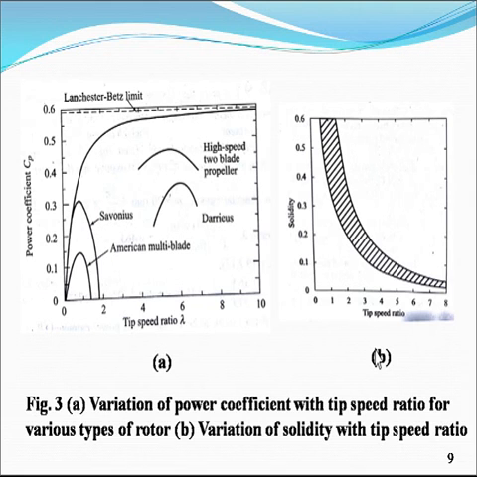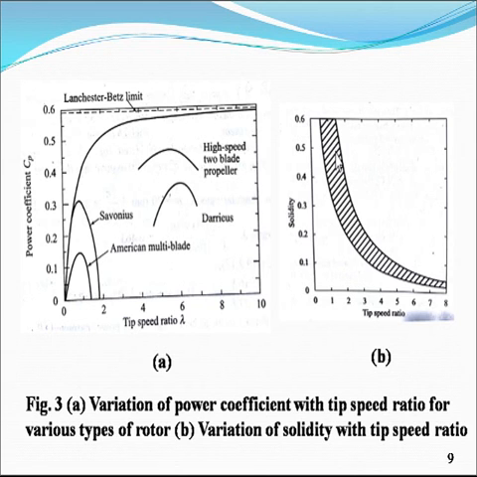Now figure B shows the solidity variation with tip speed ratio, and solidity is defined as the ratio of area of blades to swept area. In a multi-blade machine, the number of blades varies from 8 to 12 to 20, so the area occupied by the blades is more. So the ratio of blade area to swept area is more in the multi-blade machine.